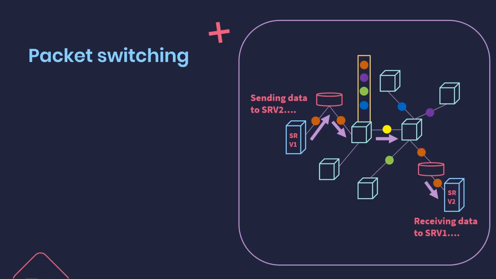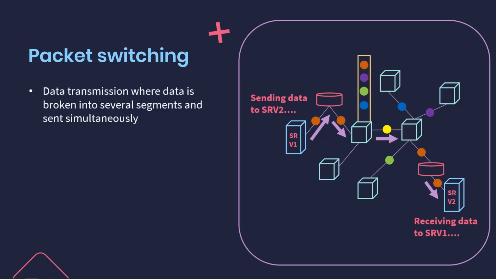Packet switching is a means of data transmission where data is broken into several segments and sent simultaneously. Each packet contains unique identifiers, which refer to payloads, and the header, which includes the destination and other pieces of information. This information helps to determine the links that packets should be sent over based on the addressing information in each packet.